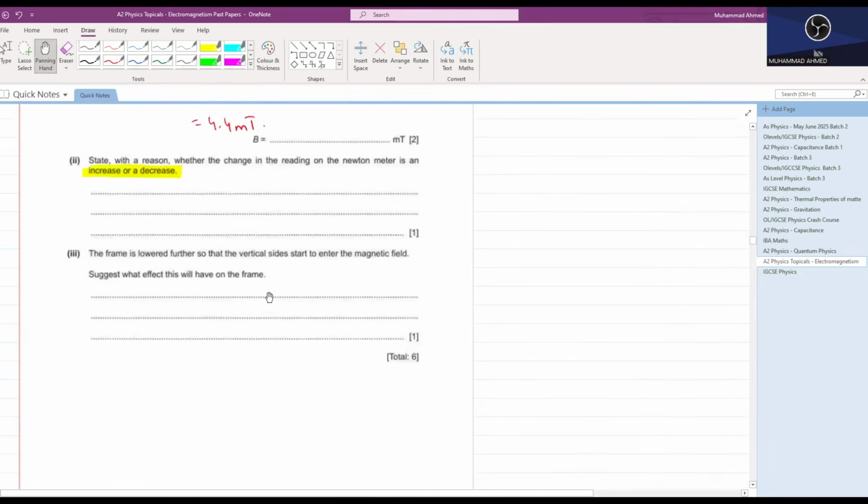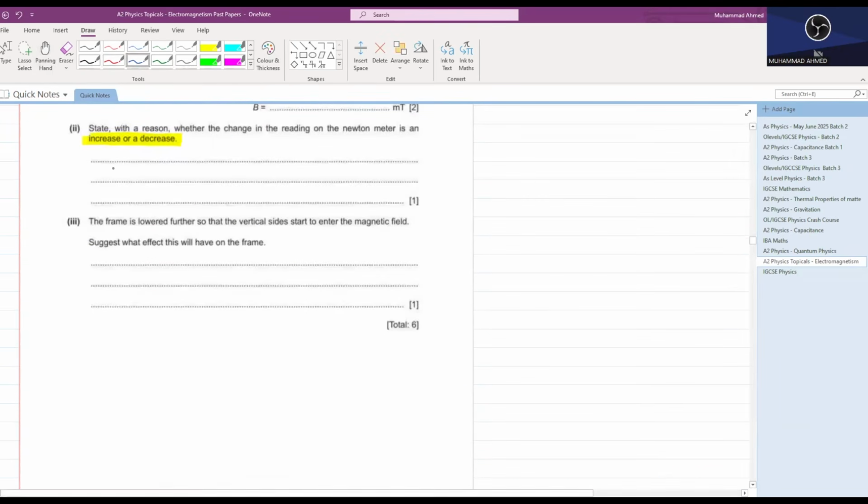So you can write it here: according to Fleming's left hand rule, the coil experiences an upward force.